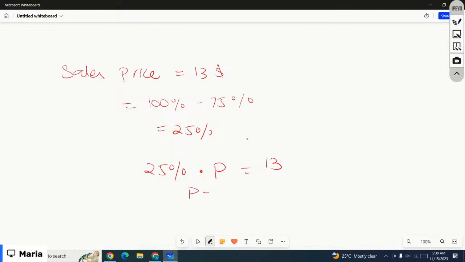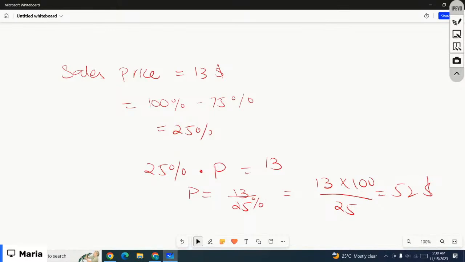Divide by 25% on the other side, it would be 13 over 25%. So it is 13 times 100 over 25. Just evaluate the value. The correct option is 52. That means the original price of the table is $52.